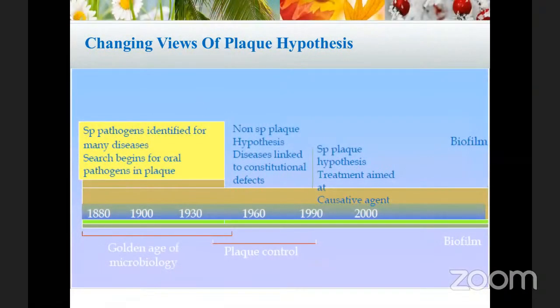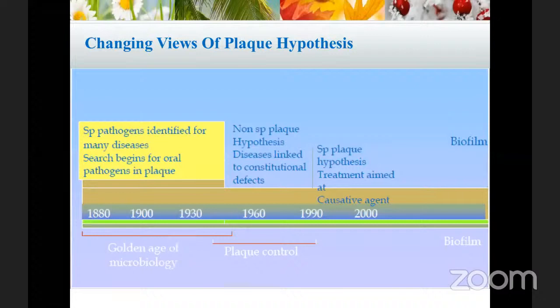These are the changing views of the plaque hypothesis. We know the different hypotheses. Earlier, in the mid 1900s, the golden age of microbiology, we had the non-specific plaque hypothesis. Periodontal diseases were believed to result from an accumulation of plaque over time.